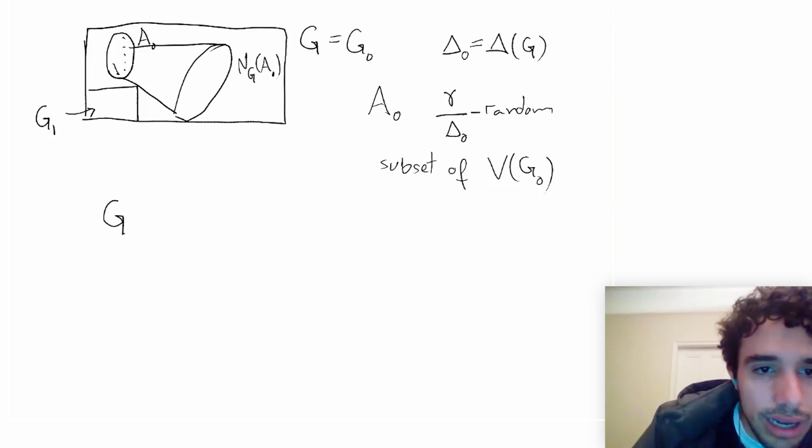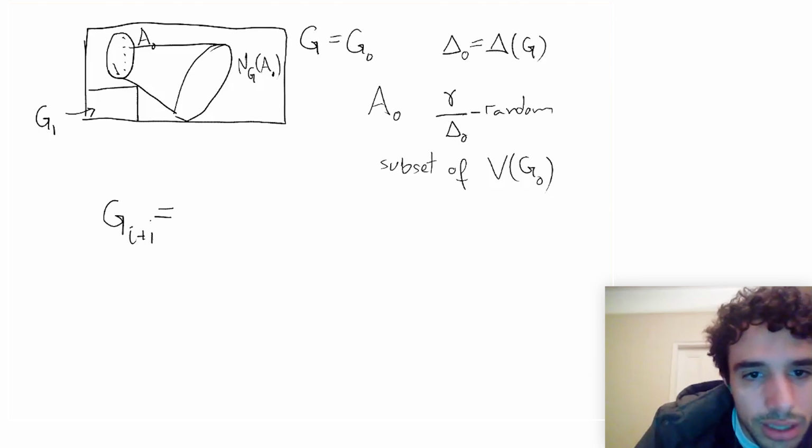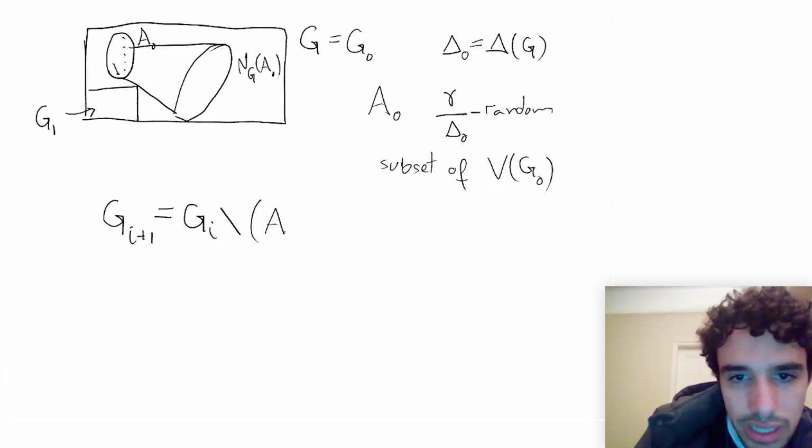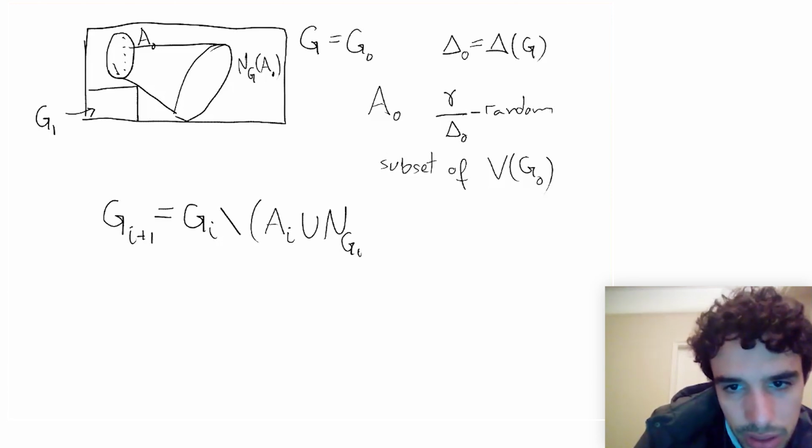And then in general, I'll define G(i+1) to be G_i, where you remove A_i and you remove its neighborhood as well.